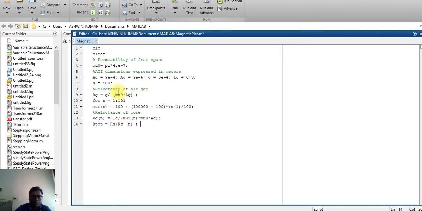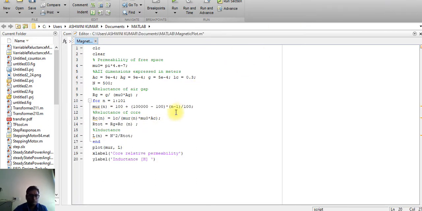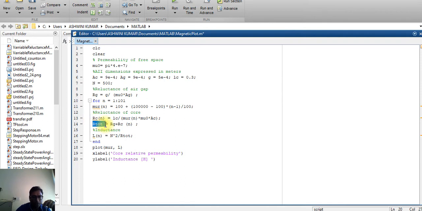and after that we have the for condition with mu r, and this is R total, which is Rg plus Rc, and the inductance L equals N squared over R total, like this, and the plot.